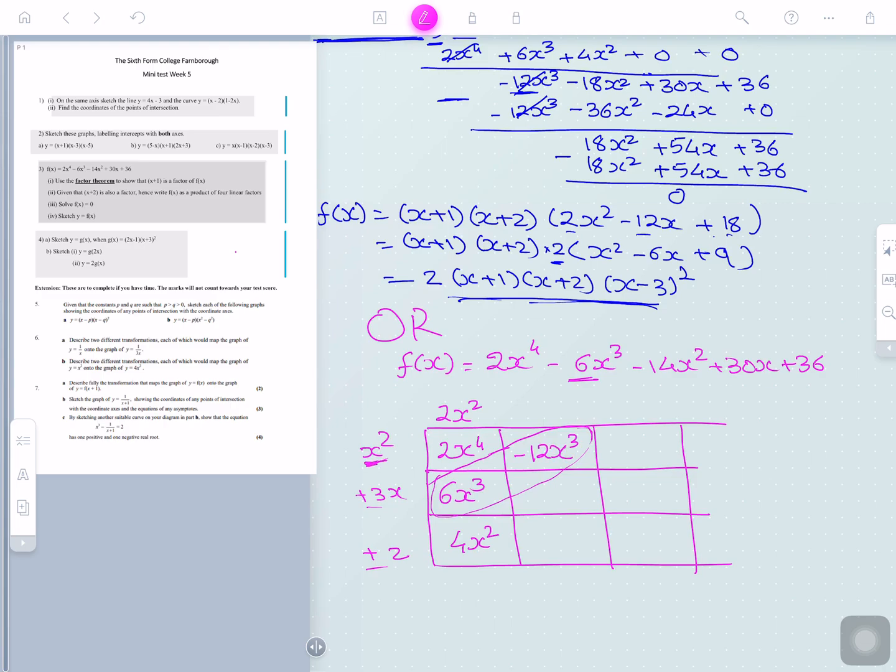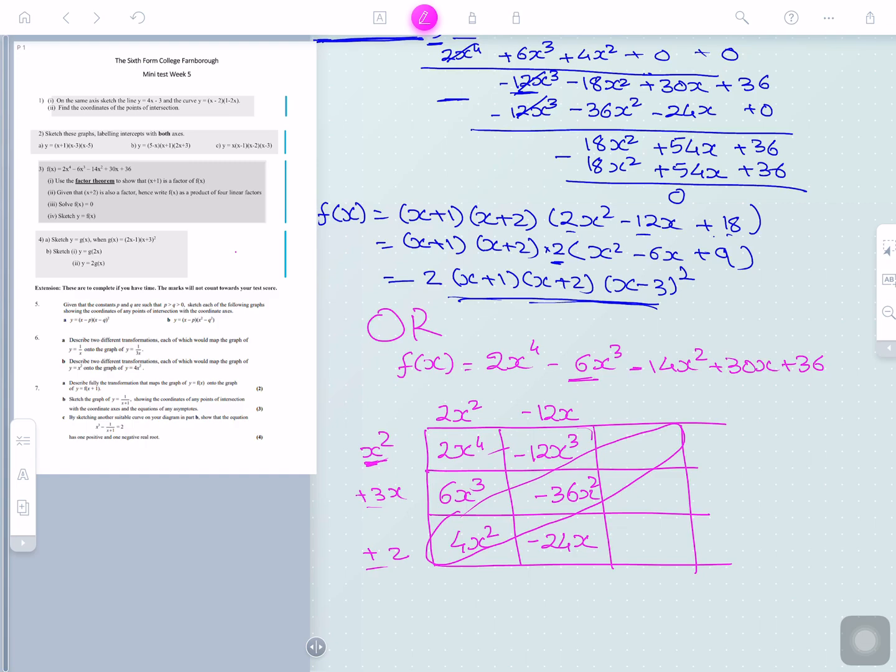So what will you times x squared by to get minus 12x cubed? It is minus 12x. Then you times minus 12 by minus 3, so it's minus 36x squared, and minus 24x. Now these three should add up to x squared, and how many x squared do we want?